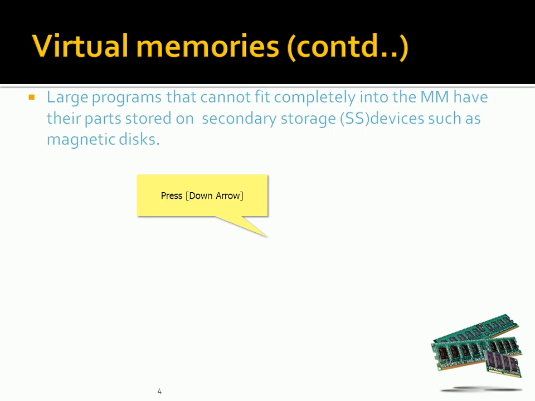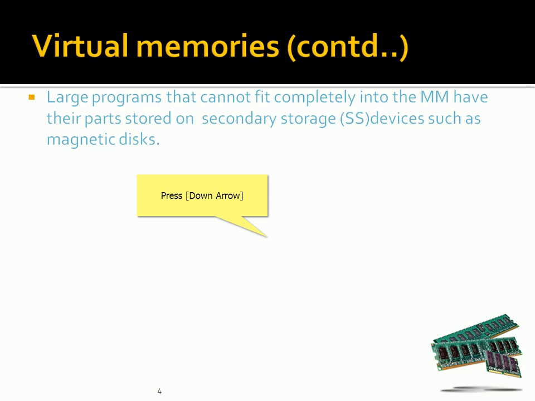Having known the size of the program submitted by the user, it is not possible to keep the entire program in main memory. So the parts are stored in secondary storage devices such as a magnetic disk. The entire program sits on the magnetic disk, which is secondary storage.